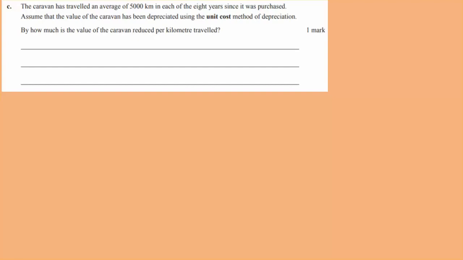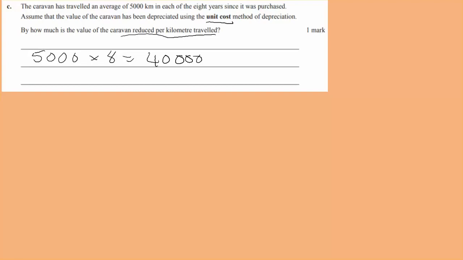So please use the letters that are said in the question. The caravan has travelled an average of 5,000 kilometres in each of the 8 years since it was purchased. Assume that it's depreciated using unit cost. How much has the caravan reduced each kilometre? Right, 5,000 for 8 years. So I'm going to work out how many kilometres it's travelled first of all. So 40,000 kilometres.